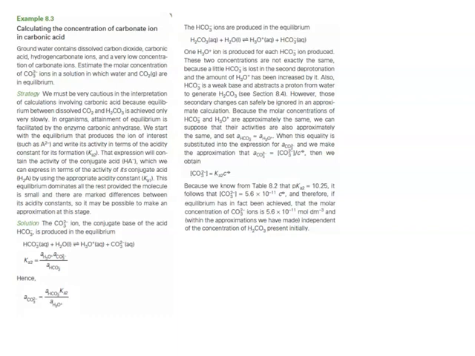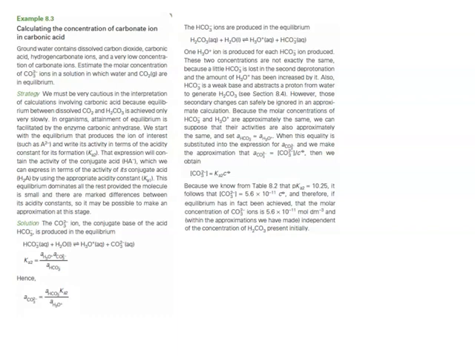Estimate the molar concentration of CO32- ions in solution in which water and carbon dioxide gas are in equilibrium. So the strategy for this is we must be very cautious in the interpretation of calculations involving carbonic acid because equilibrium between dissolved CO2 and H2CO3 is achieved only very slowly. In organisms, attainment of equilibrium is facilitated by the enzyme carbonic anhydrase.